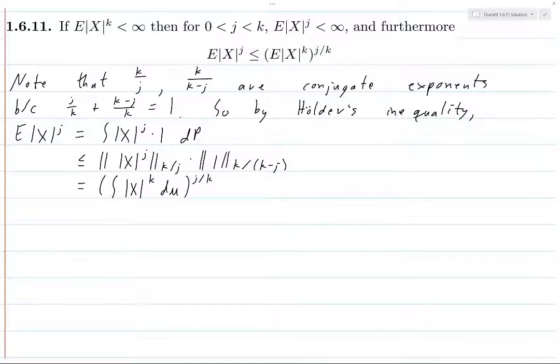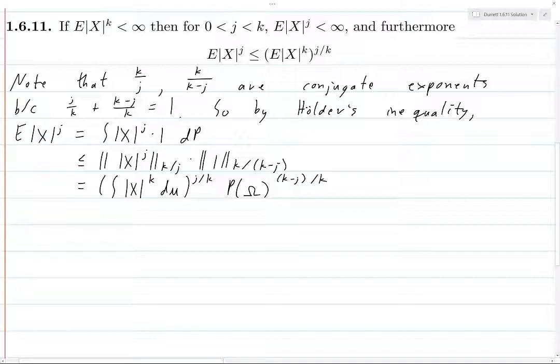So you're just integrating 1 over the entire space, which just gives you the measure of the entire space. And then on the outside you put the 1 over the exponent, so we have k minus j over k.